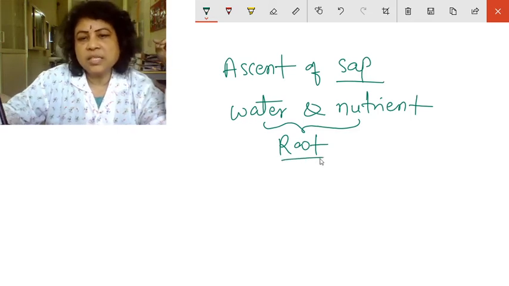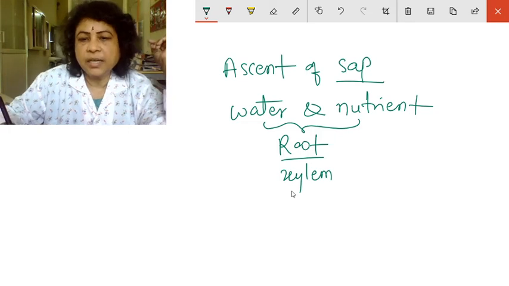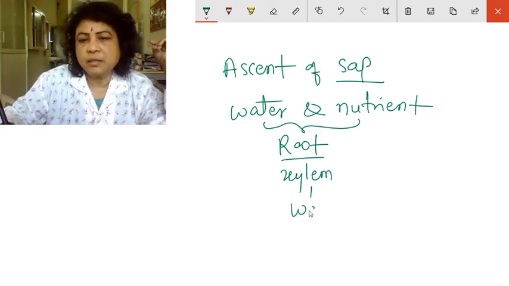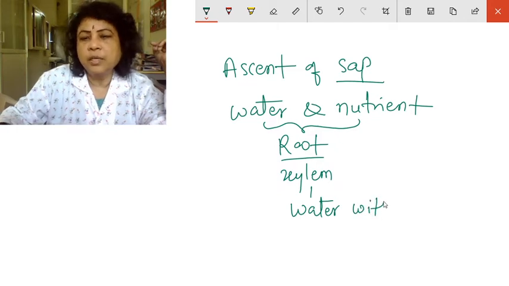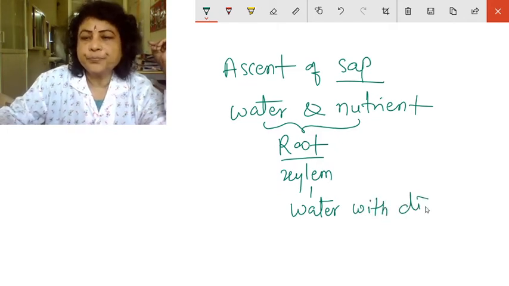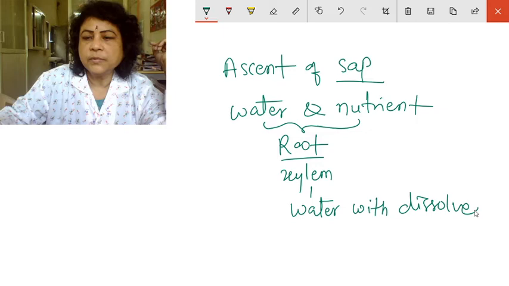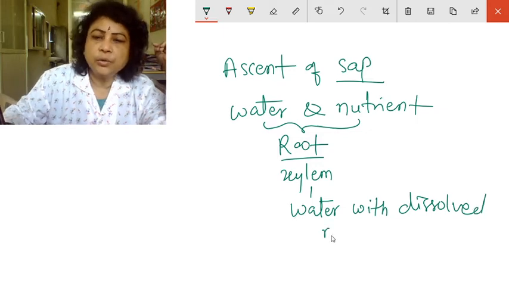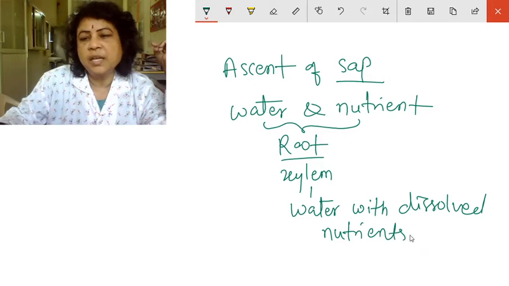So the xylem contains water with dissolved nutrients in it. Water with dissolved nutrients is known as the sap.